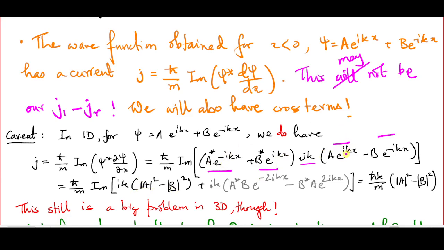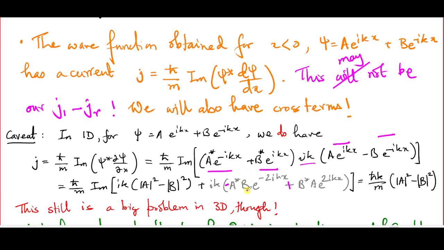The phases cancel. In addition to that, you have one more piece, which is when you take this term with this term, the cross term that we were talking about, and this term with this term. Now I've got the signs wrong here, this should be minus and this should be plus. But that actually doesn't really make much of a difference to my final conclusion.